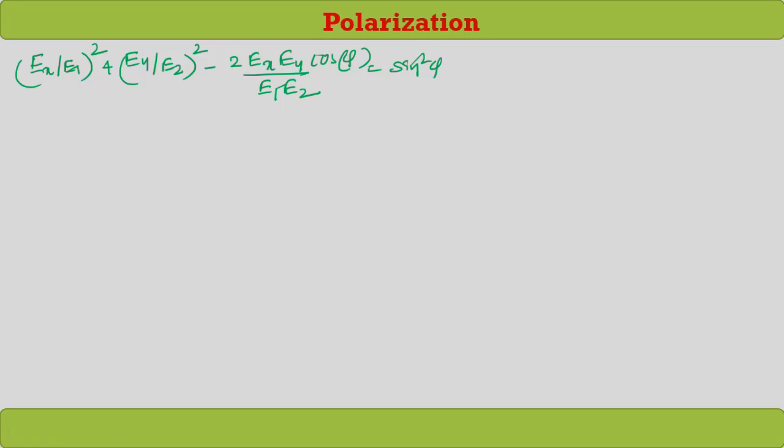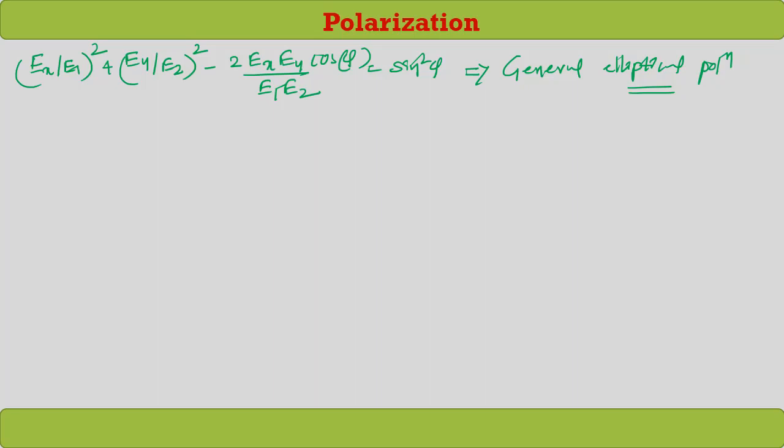So this is a general elliptical polarization. It is the general elliptical equation. That is nothing but by default the signal will be having elliptical polarization. Whatever different cases we are going to see, all those are subcases of this particular elliptical polarization only.